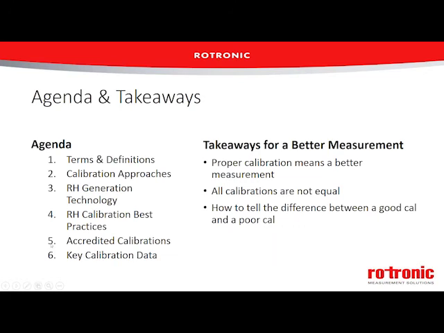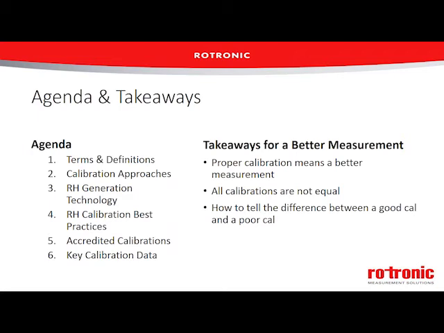I'm going to turn it over to Michael to go over what we will cover today and what we hope you get out of it. Thanks, Bruce. So the goal of today is to give everyone a relatively high-level view of calibration of humidity instruments. We're going to start off by going through some of the terms and definitions that are important to this topic, and then we're going to get into the different approaches that people can take to calibrating instruments, whether that be a field calibration or a lab calibration.